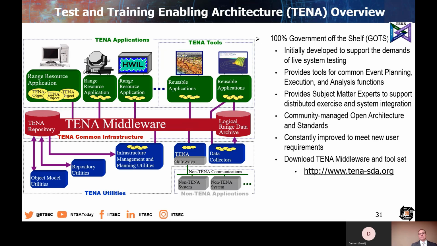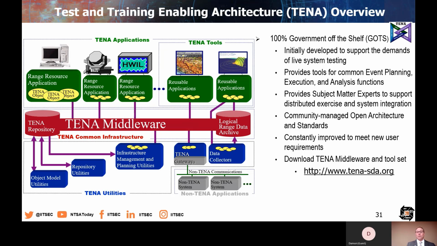On the bottom side, you'll see TINA utilities and a couple other things there. Those are the tools and solutions that the TINA project provides so that the TINA community doesn't have to develop systems on their own. And that includes repository utilities, object model utilities.